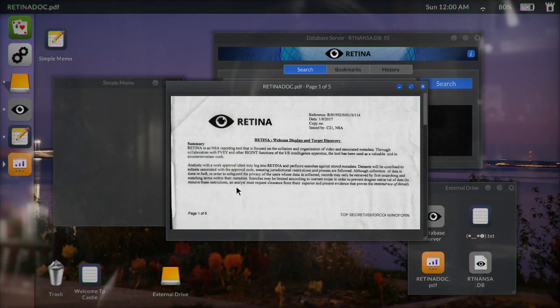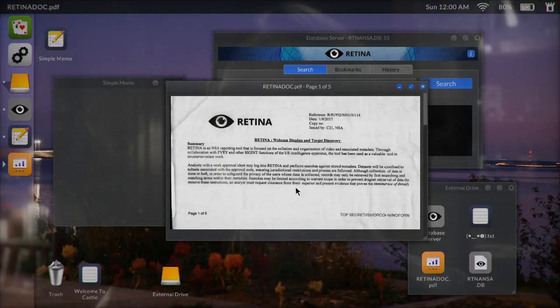Datasets will be confined to subsets associated with the approval code, ensuring jurisdictional restrictions and process are followed. Although collection of data is done in bulk, in order to safeguard the privacy of the users whose data is collected, records may only be retrieved by first searching and matching terms within their metadata.